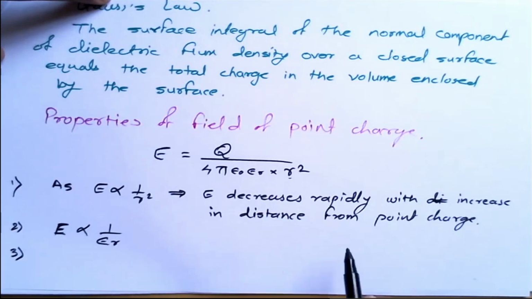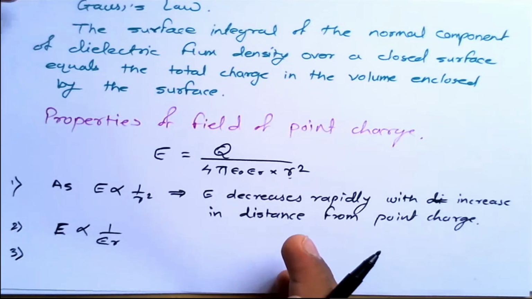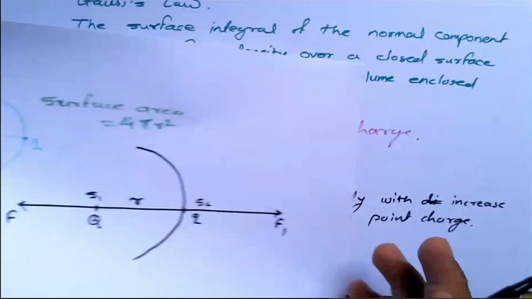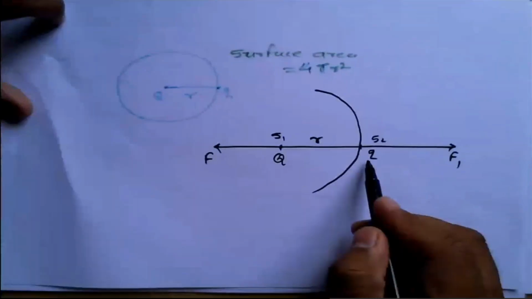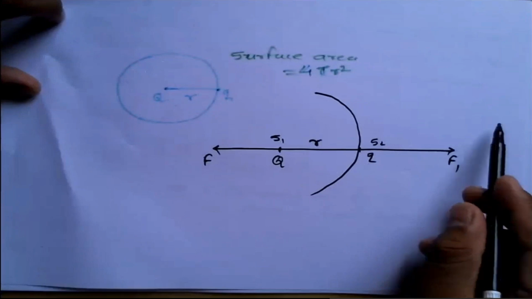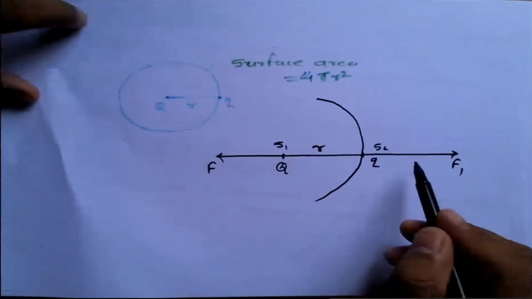Third property: what is potential at a particular point, or how can we define the potential? It is nothing but the work done in bringing a unit positive charge from infinity to that point. Now let us suppose that this charge Q is at infinity.